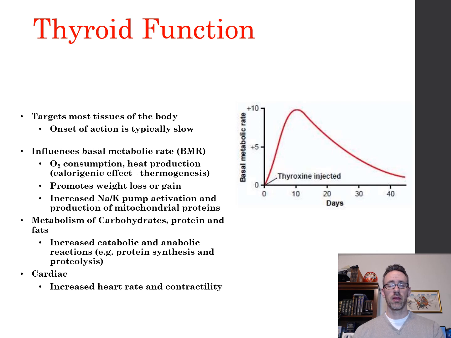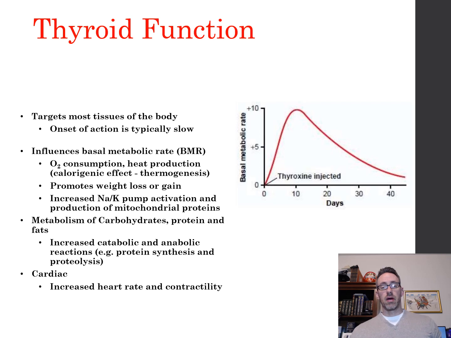These ones would be less responsive. Its onset of action is typically slow, and that's based on its mechanism of action, which is to interact with receptors inside the nucleus and cause gene transcription, translation, and protein synthesis, which takes time.